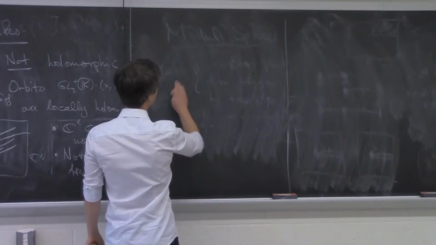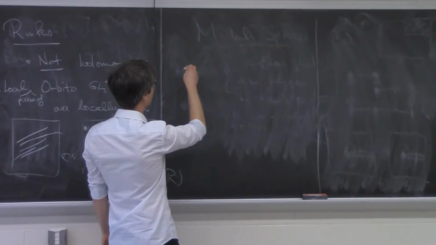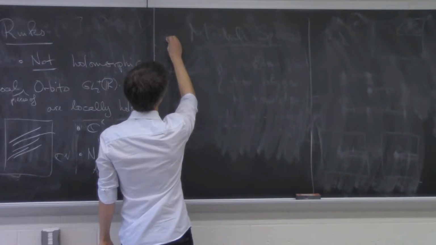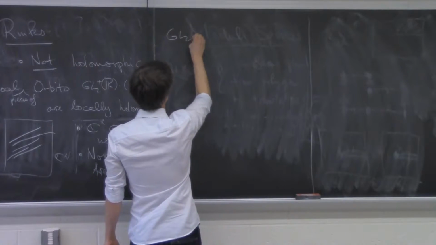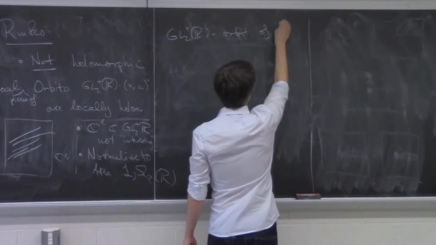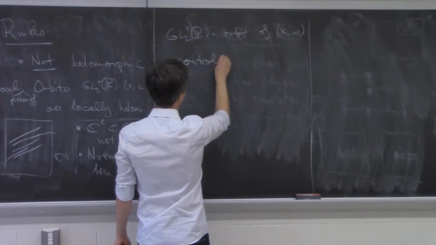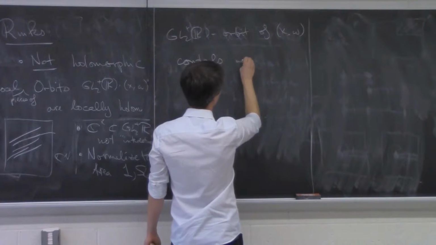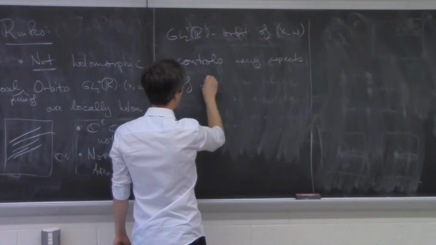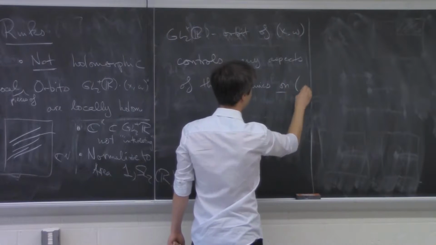Let me write this, and I will not come back to it, because the passage in this relationship is itself a separate and complicated story. The GL2R orbit of (X, omega) controls many aspects of the dynamics on (X, omega).